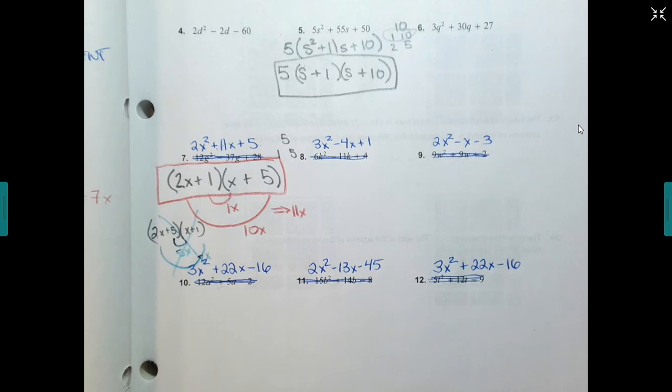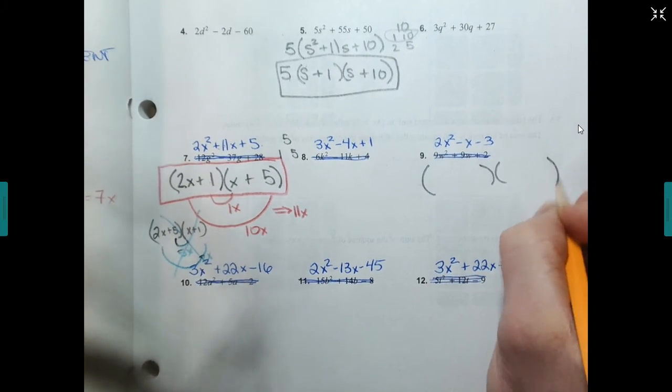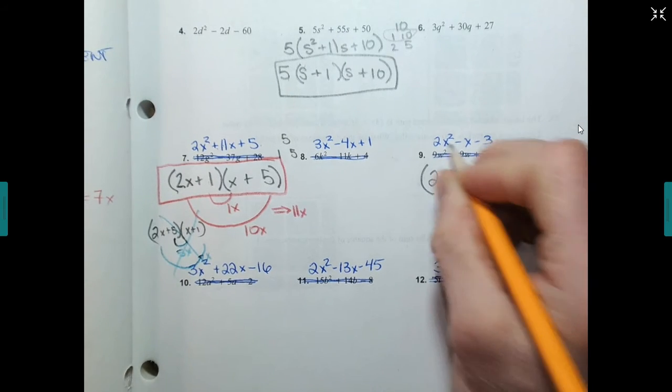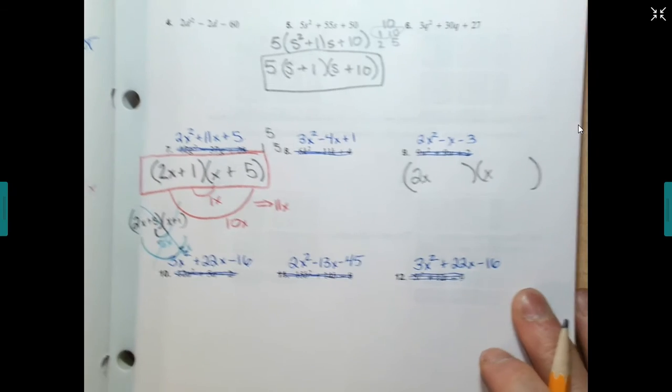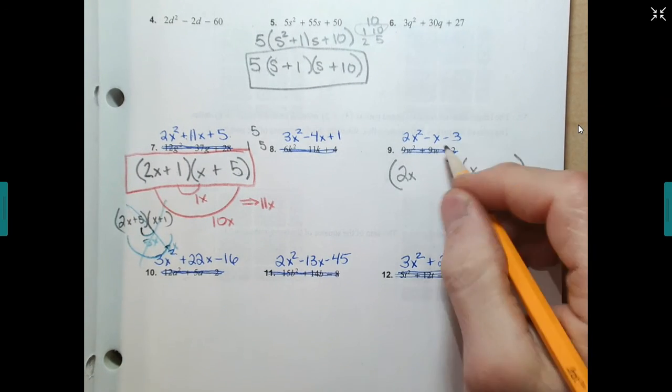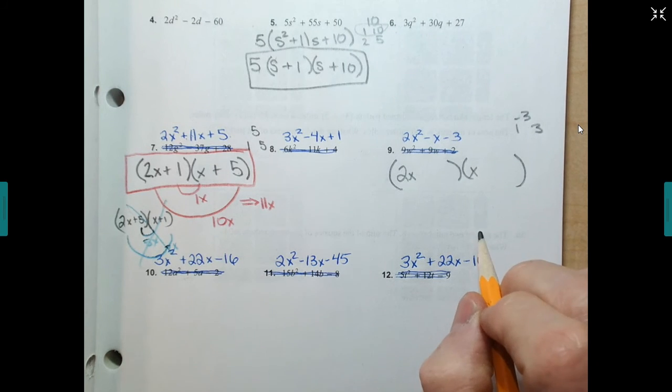Okay. Let's check this one. 2 parentheses. How do I get 2x squared? Well, I have to have 2x times x. Then I have a -3. So I have a 1 and a 3, and one of them has to be negative.